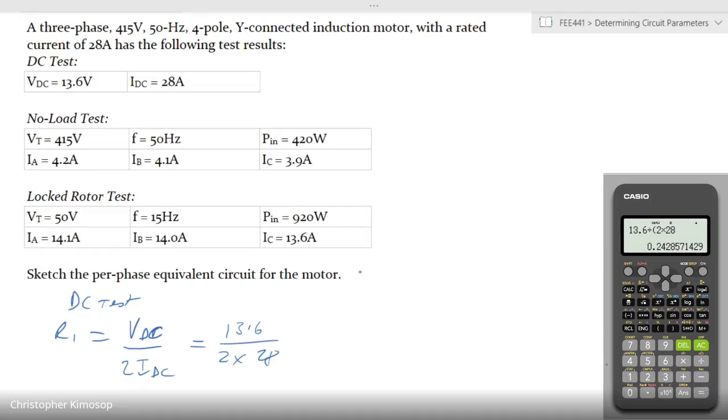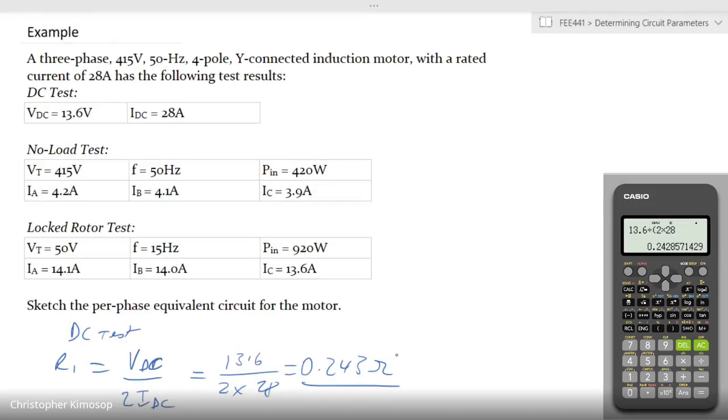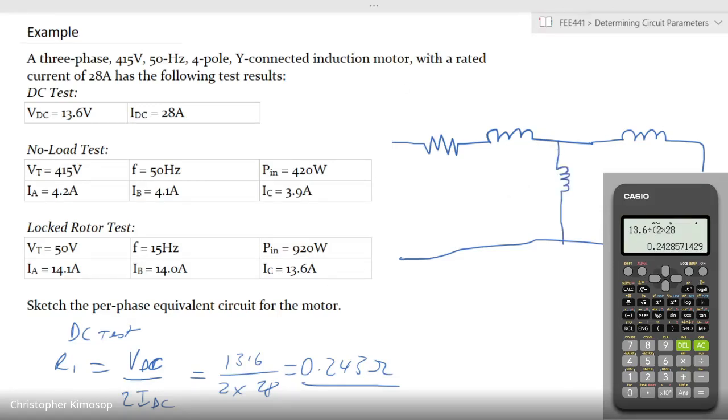Okay, so we've established that the first resistance is 0.243 ohms. Our first element has already come into place. So let's draw it over here. R1 is 0.243.